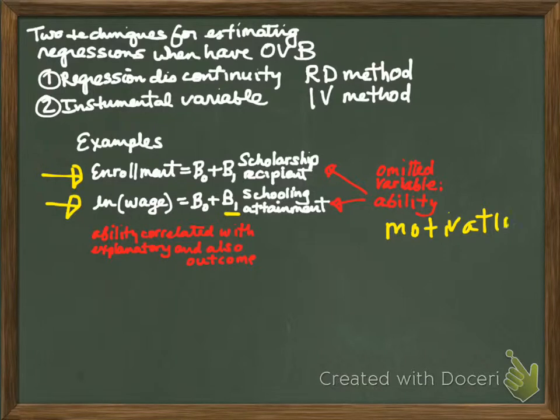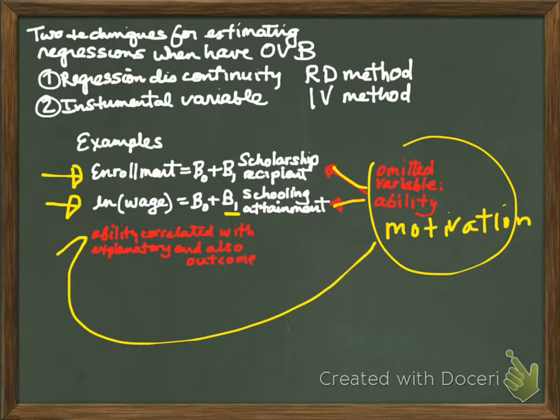That omitted variable, which is very hard to measure, how motivated a child is to succeed in school, may be correlated both with the explanatory variable, whether the child is a scholarship recipient or how many years of schooling they get, and this omitted variable is also likely to be correlated with the outcomes. So ability is likely to lead you to be enrolled regardless of whether you get the scholarship, but it's also more likely to mean you'll get a scholarship.